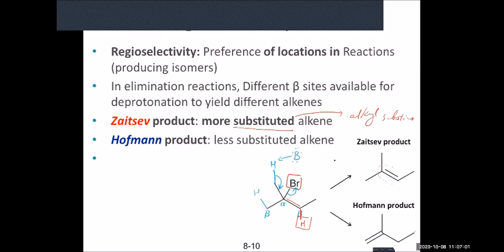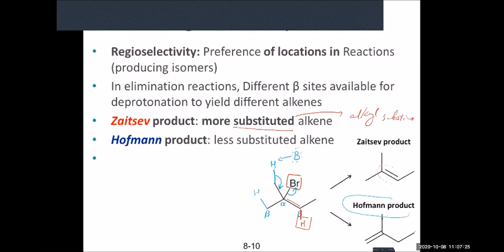This product is normally a minor product. But Hofmann is a chemist. He noticed under some reagents, if you pick some reagents, the base, very special base, you can make this product as a major product. And this product we call a Hofmann product.